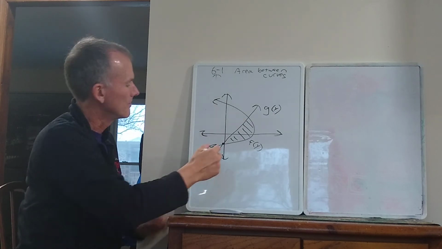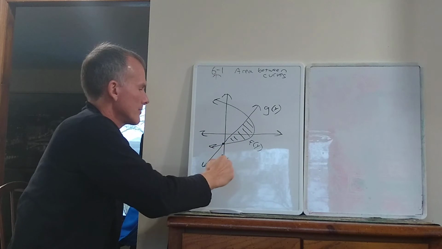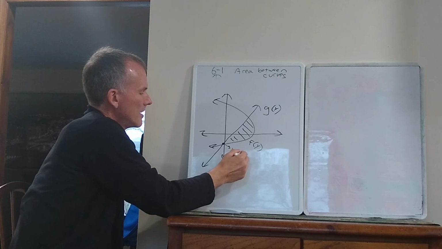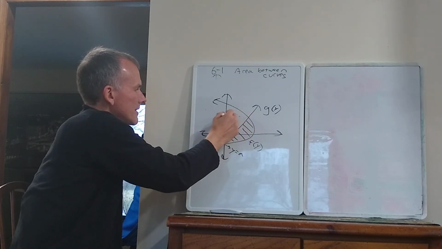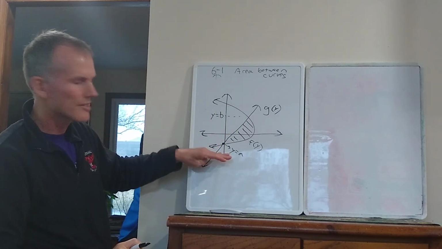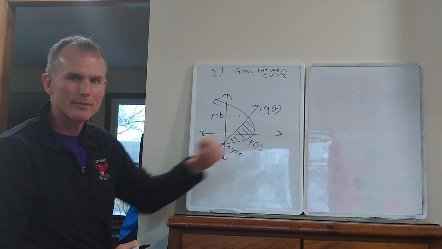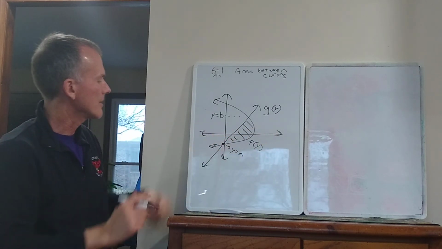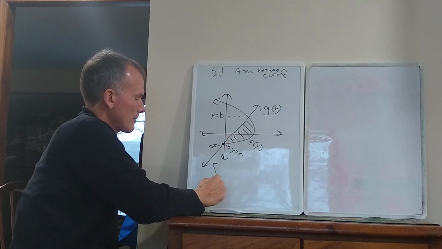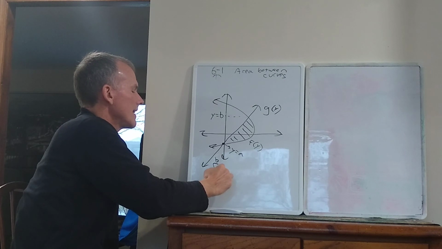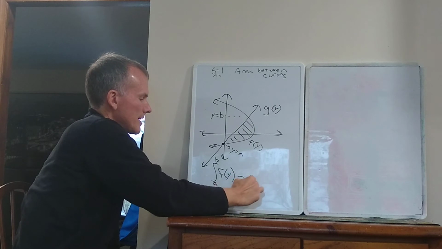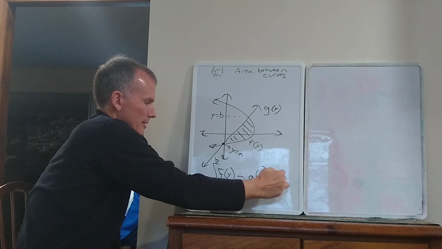So the area of the shaded region is going to be, and this is the point where y is a, and this right here will be the point where y is b. We always integrate from least to greatest, from low to high, just like we do when we're integrating with respect to x. So this area right here can be given by the integral from a to b of f of y minus g of y dy.